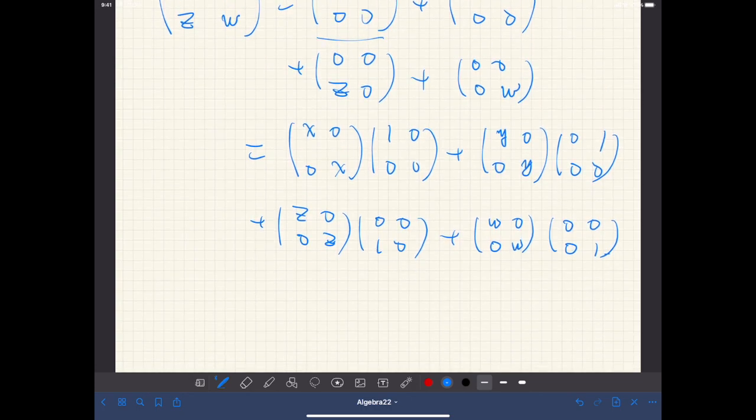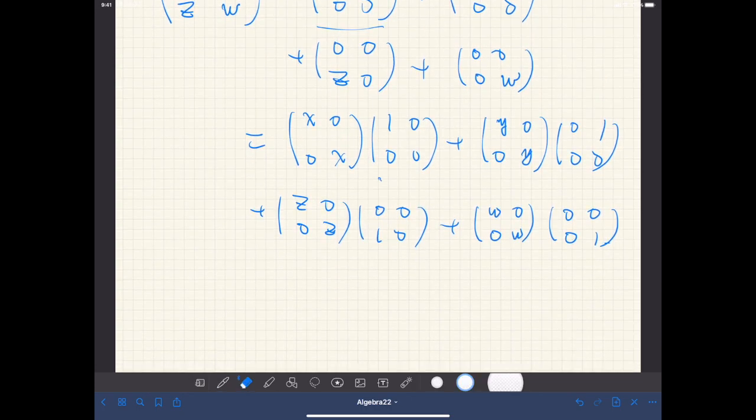So we have seen that these are all elements of the ideal I, and an ideal is by definition an additive subgroup.